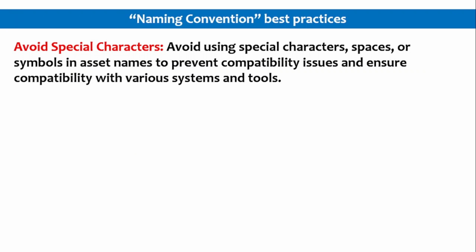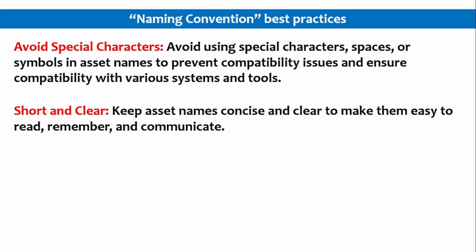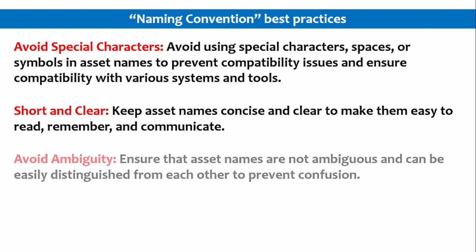Now we also need to avoid special characters in our asset naming. Make sure that the names of our assets are short and very clear, so that people will be able to remember the names of the assets. Avoid ambiguity.